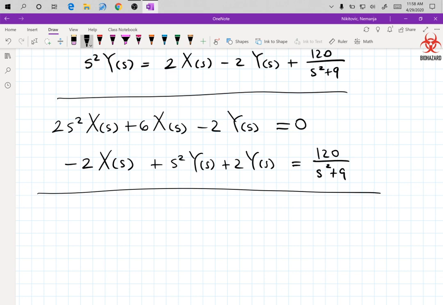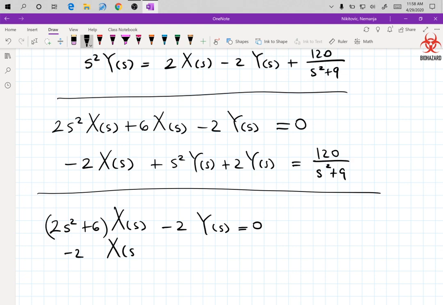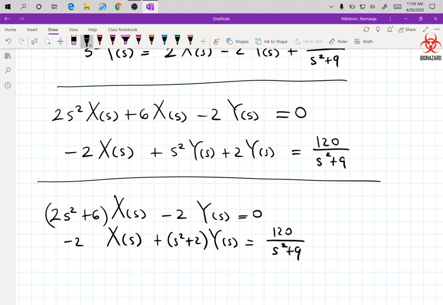So we have 2s squared plus 6 times x of s minus 2y of s is equal to 0. And we have negative 2x of s plus s squared plus 2 times y of s is equal to 120 over s squared plus 9.